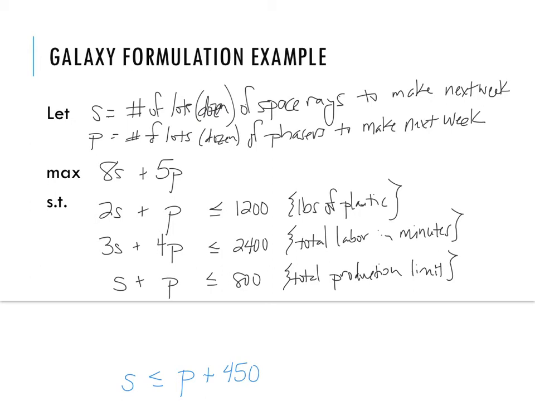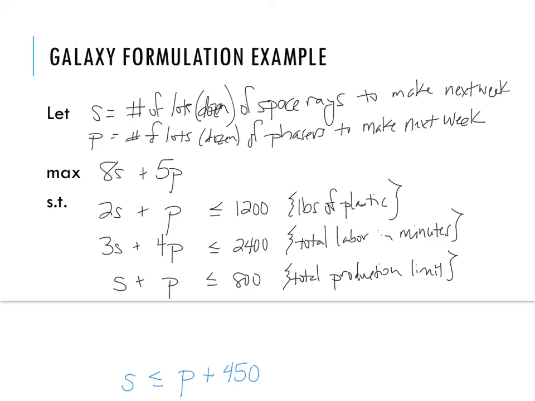So I think that takes care of that constraint, but notice it's different than the other ones we've done so far. This time we have variables on both the left-hand side and the right-hand side. We want to put it in what's called standard form. So we put all the variables on the left-hand side and just have a constant on the right-hand side. This is also nice because when we try to put it into Excel to solve it later, it makes our life a little bit easier. So I simply need to rearrange terms.